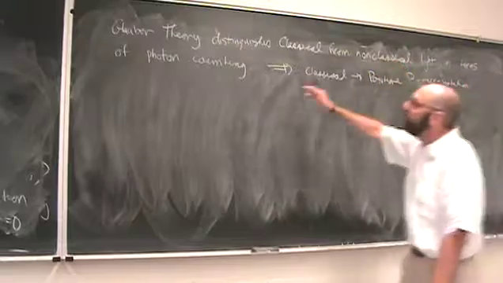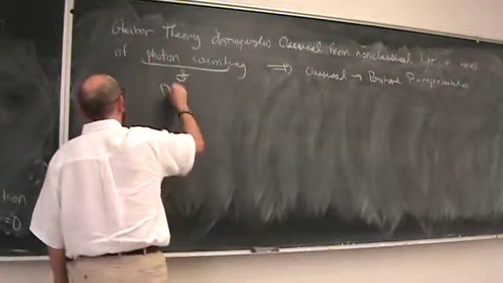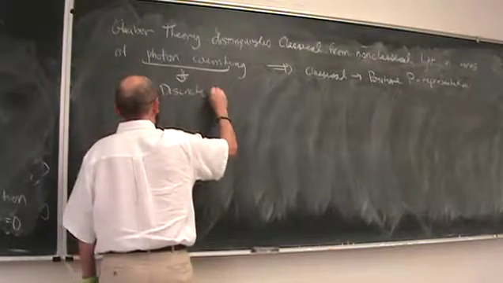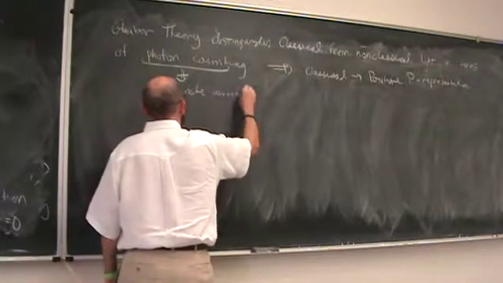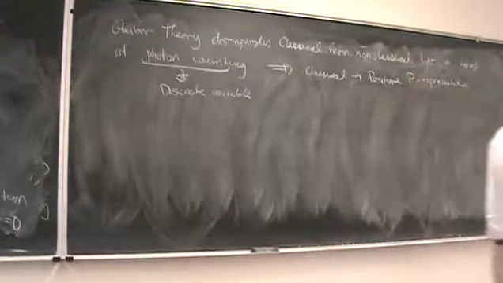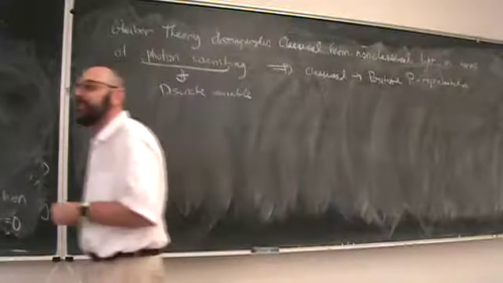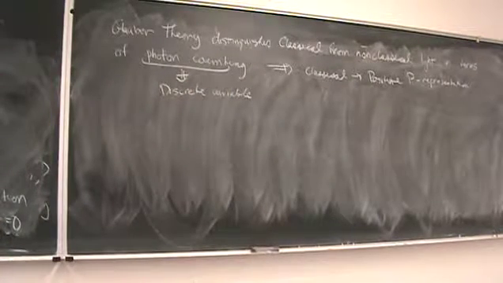But this photon counting is a discrete variable. As we discussed a little bit last lecture, we can think about the field in terms of the particles, the photons, or we can think about it in terms of the waves.